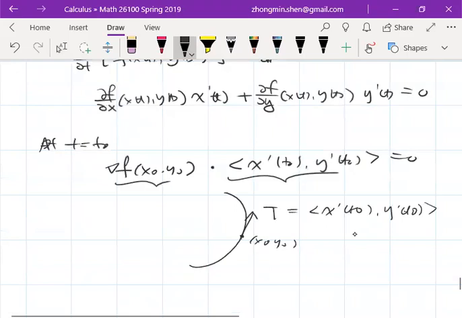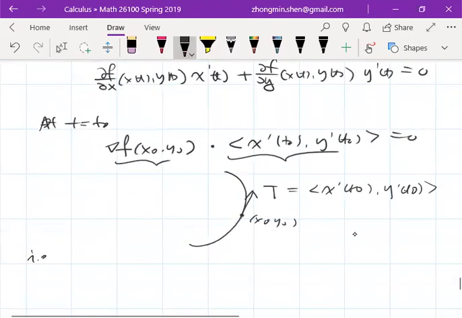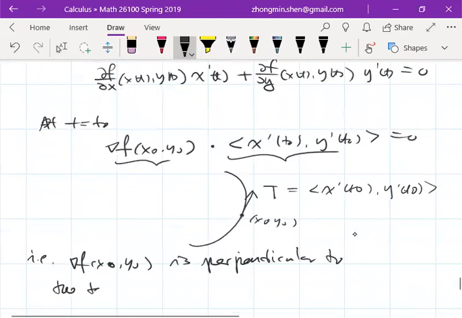So in other words, the gradient of f is perpendicular to the tangent vector to the level curves at any point.